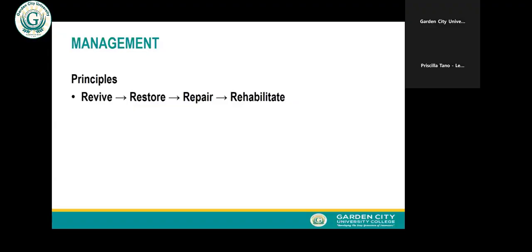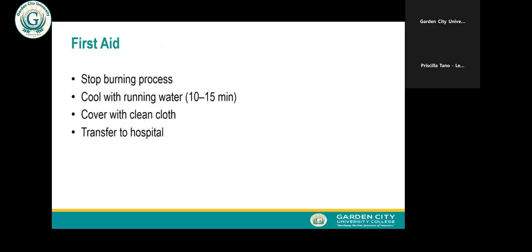And then in our acute phase, we want to prevent infection, maintain nutrition, and maintain wound healing. And then in our rehabilitation phase, we want to prevent contracture, and psychologically talk to the patient to get back to his normal state of health before the burns, and reduce all complications, right? So the principles are resuscitate, revive, restore, repair, and then rehabilitate.